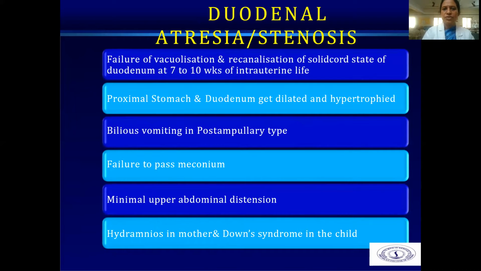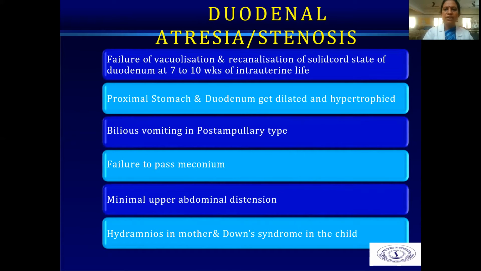Duodenal atresia or stenosis. What is duodenal atresia or stenosis? In the duodenum, there is failure of vacuolization and recanalization of the solid cord stage of duodenum at 7 to 10 weeks of intrauterine life. So when the fetus is developing, during the 7th to 10th week, when there is failure of vacuolization and recanalization of the solid cord, that will lead to duodenal atresia.